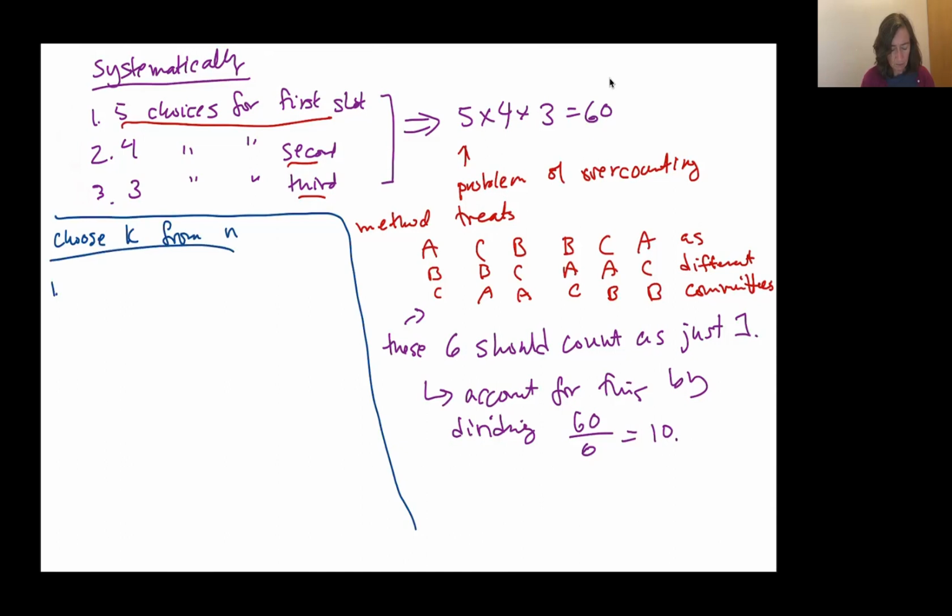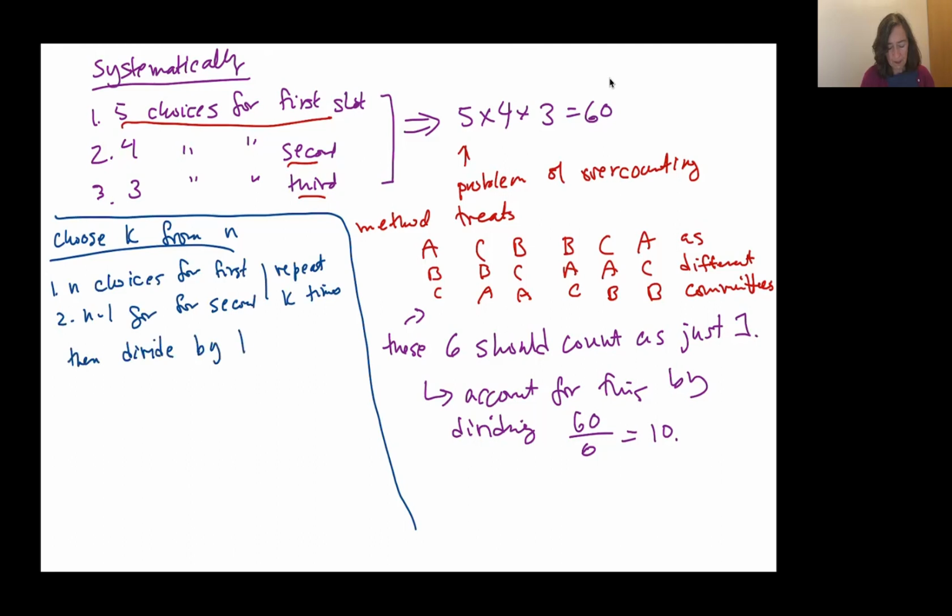Okay. So we have N choices for first, N minus 1 for second. We're going to repeat that K times, then divide by the number of ways of arranging the K items, the number of ways that we can write them in different orders, but for this, the order doesn't matter.